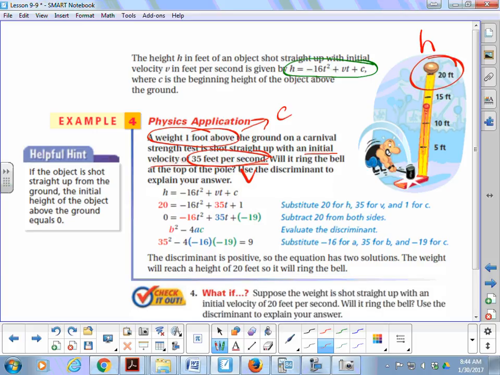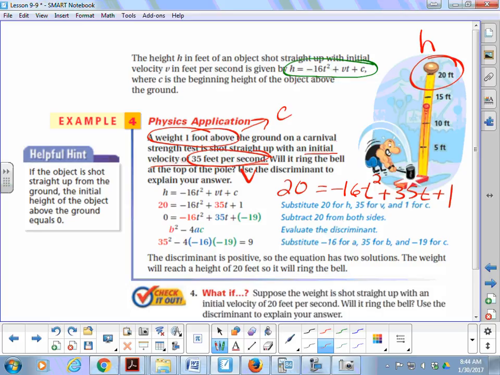So all we're going to do then is plug these in. We've got 20 as our value for h, equals negative 16t squared plus 35t plus 1. Right, here's our equation. Negative 16, gravity, 35 is our initial velocity, and what is the height above the ground to start with?